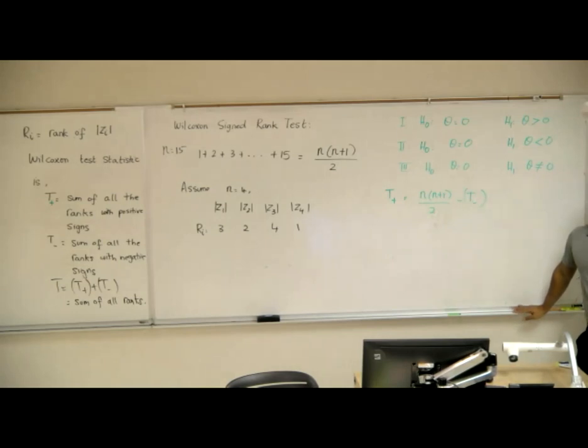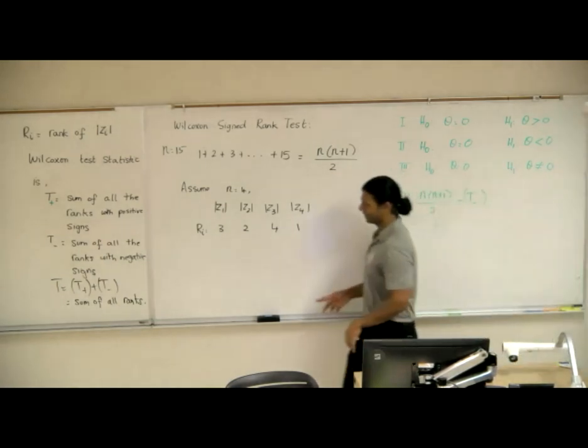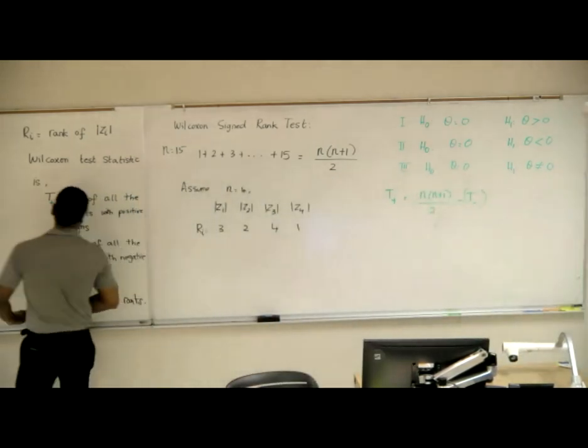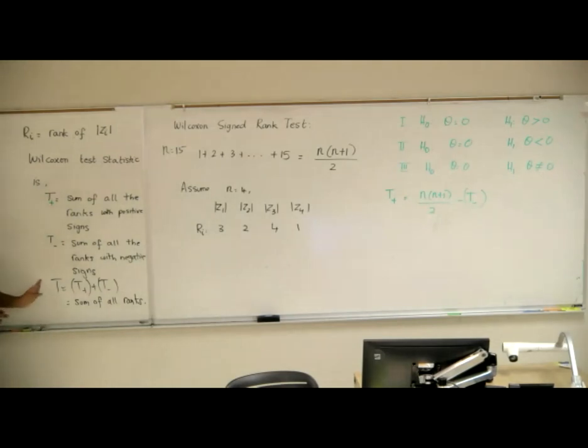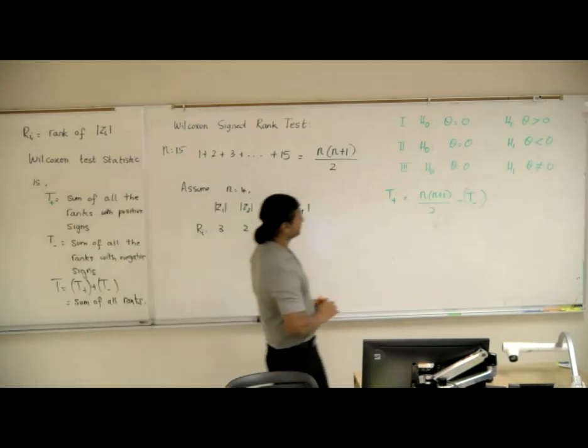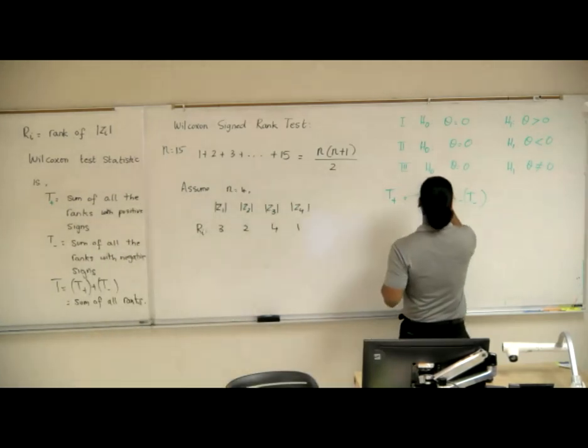You're using that argument to sum all the ranks, that would be n times n plus 1 over 2. That's the T plus, so this is T. Sum of all the ranks.